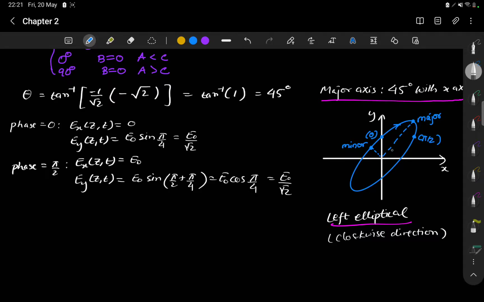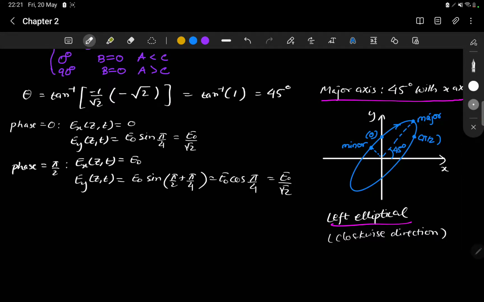Now since this angle is 45 degrees, that is the major axis makes 45 degrees with the x-axis, we know that any line with 45 degrees inclination has equal magnitudes along the x and y direction.